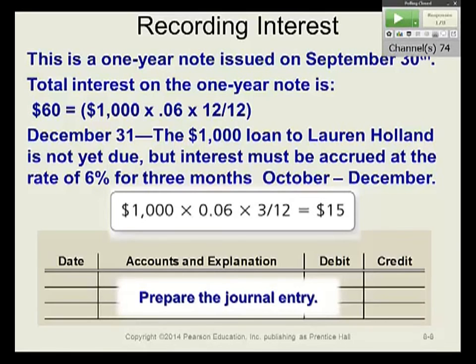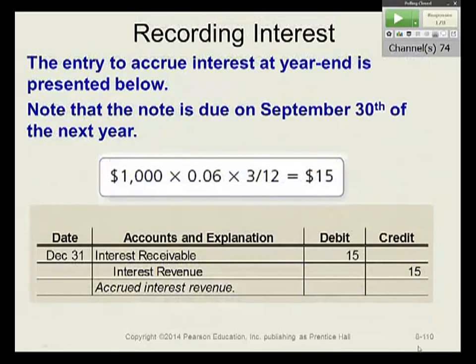Okay. All right, so then the adjusting entry you'd have to make is at December 31st, debit interest receivable, and credit your interest revenue. Now, that is the interest that is recorded for 2013.